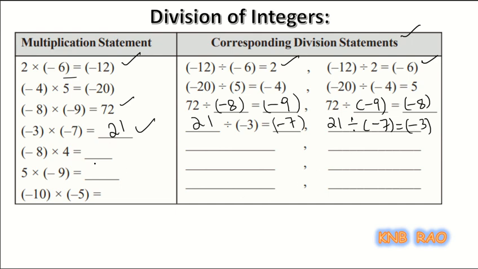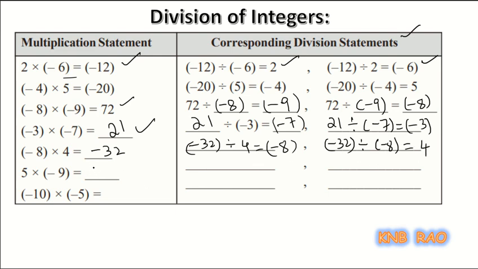So the rest of the 3 also we shall do faster. Minus 8 times 4 gives you minus 32. So minus 32 when it is divided by 4 results minus 8, and similarly another minus 32 when it is divided by minus 8 results 4.